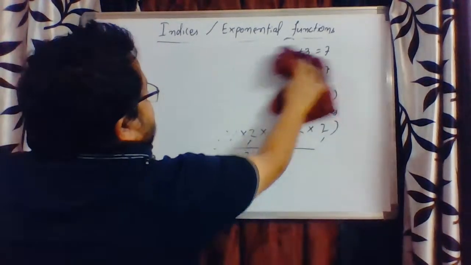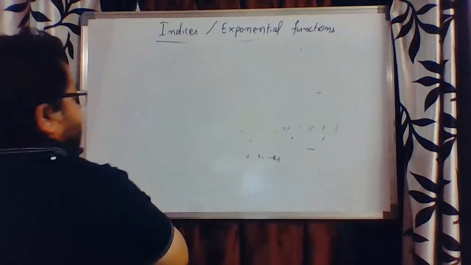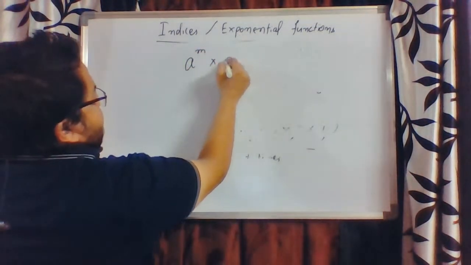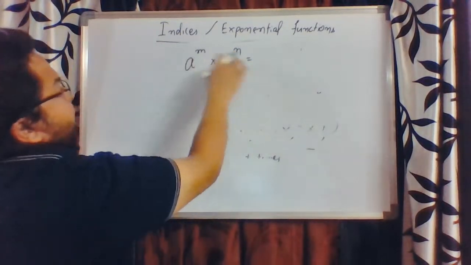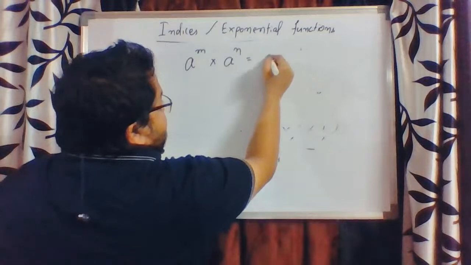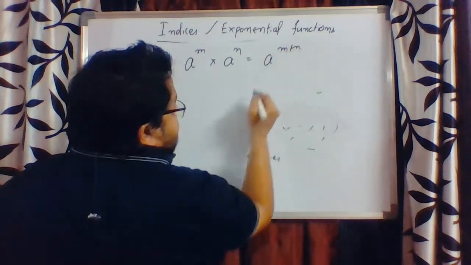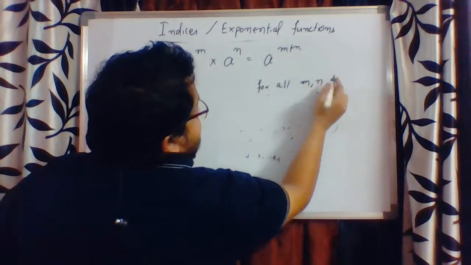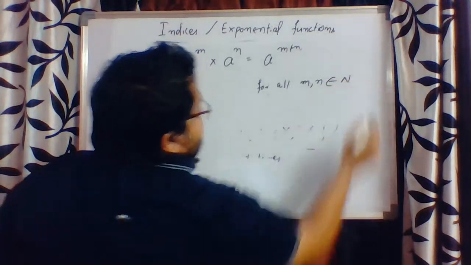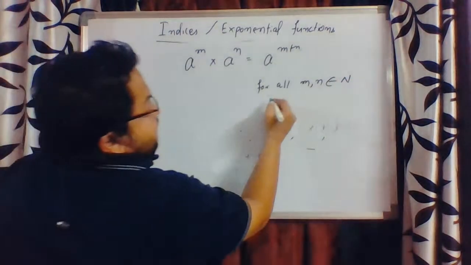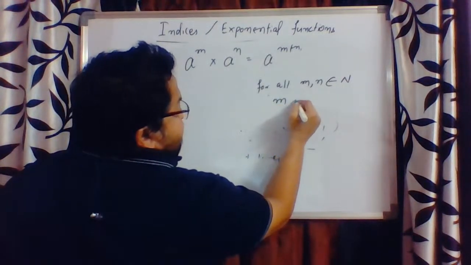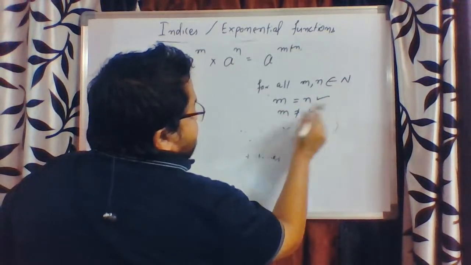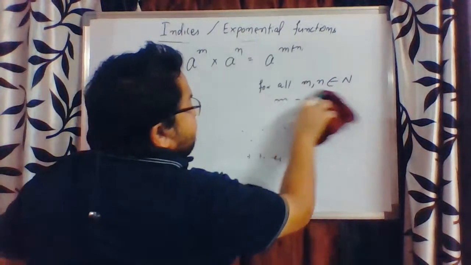So this rule can be written as a to the power m into a to the power n is nothing but a to the power m plus n for all m and n belonging to your natural number set. M may be equal to n, this is also fine. M may not be equal to n. So there is no restriction for that, so we need not even write this as a condition.